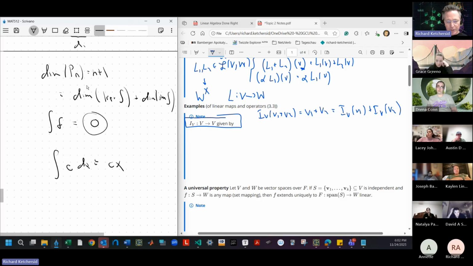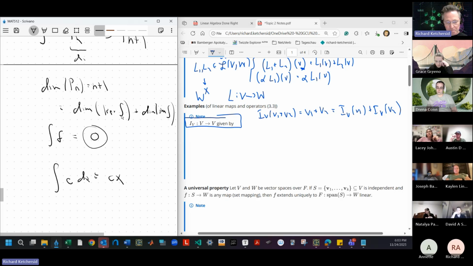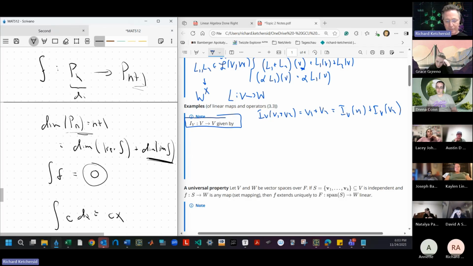So in the integral direction, this is a 1-to-1 map, because the kernel is 0. And so the dimension of the image is going to match the dimension of the input, which was n plus 1. So we won't hit everything over here, for example.